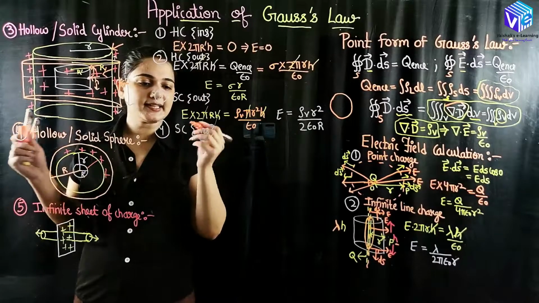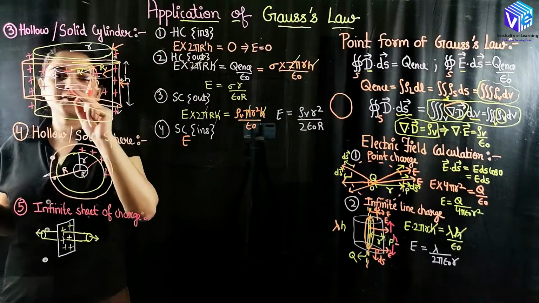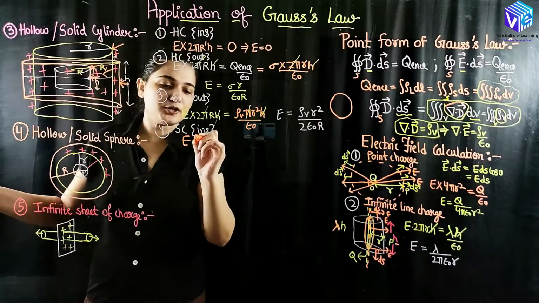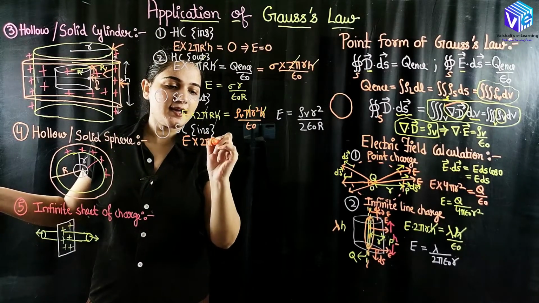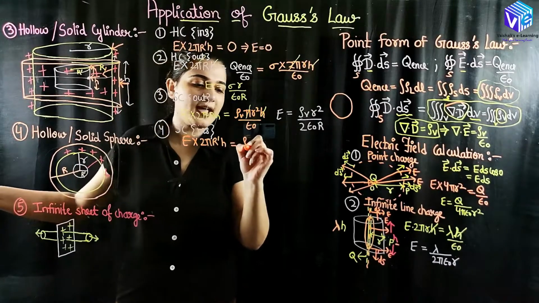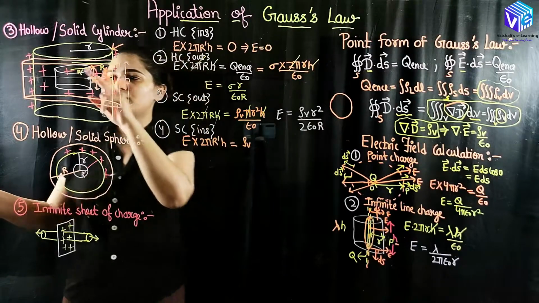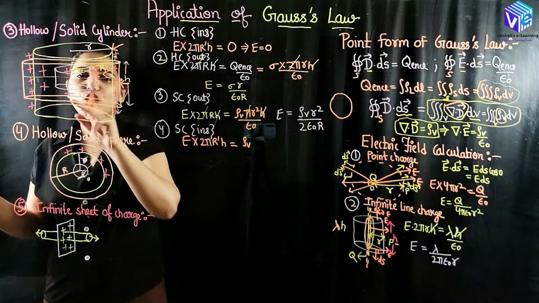When I am taking the inside case, I have to take the surface of this smaller cylinder. So it will be equal to 2 pi r dash h. Now here also I have to take the Q enclosed. The Q enclosed will be equal to the charge enclosed inside this small cylinder.